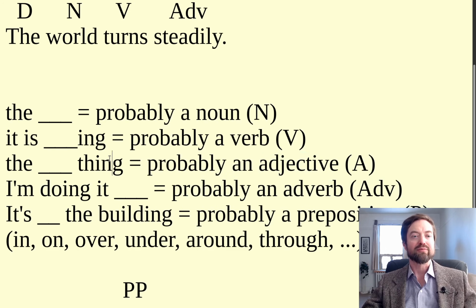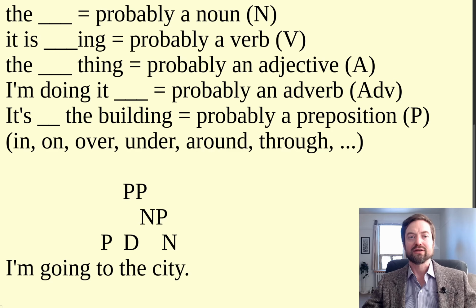Some of these templates are more clear than others, and it's not perfect because you can find ways to fit something into that blank that doesn't fit, but what usually can fit into that blank is usually that mystery word, that type of word.